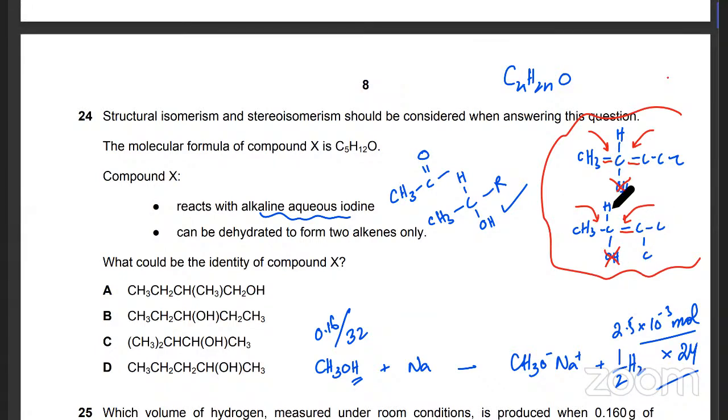So coming back to the alcohol, which one is the right structural formula for this one? You've got a CH3, CHOH, right? C and D both have it. The first two are already wrong since they don't have the hydrogen.